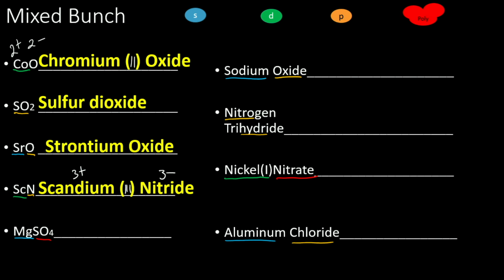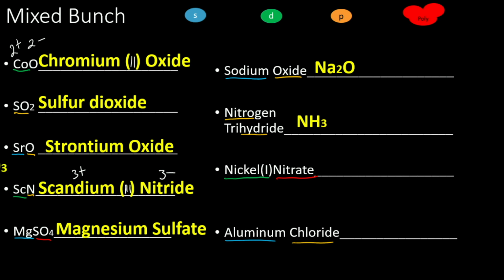Next is magnesium sulfate. Again, that's a metal with a polyatomic ion. Moving over to our right-hand side, we have Na2O. Again, when you have to determine the formula, you're using the charges, making them equal to 0. Nitrogen trihydride, we're using our prefixes, so NH3.